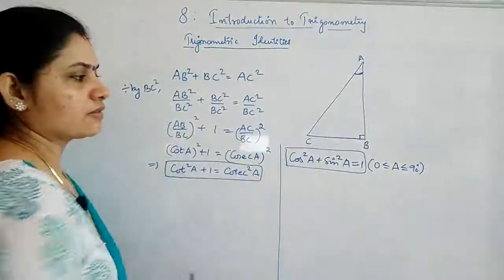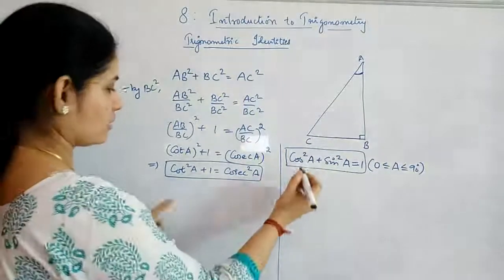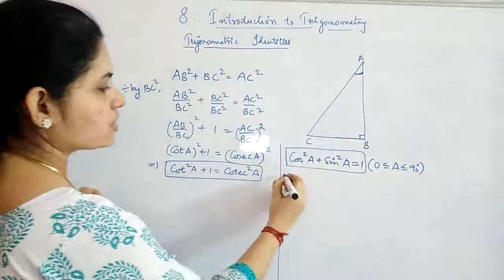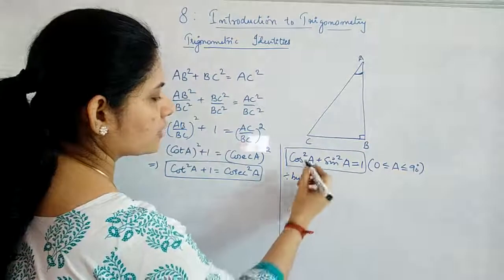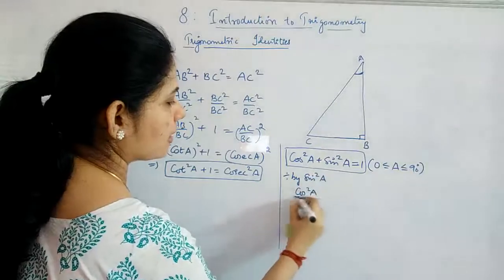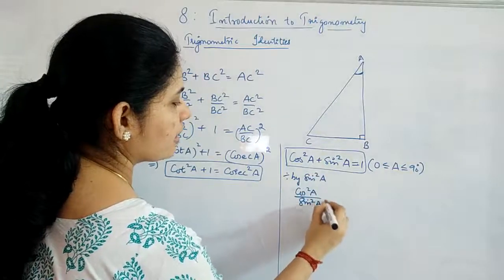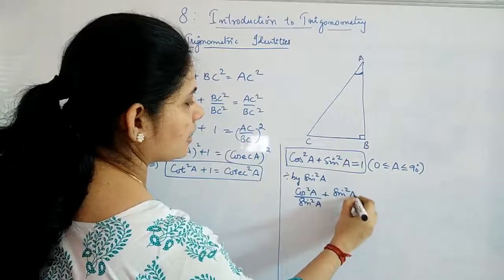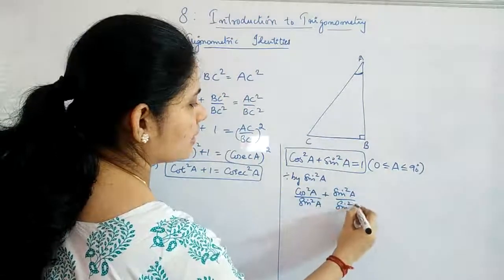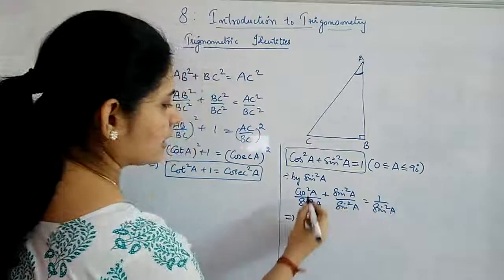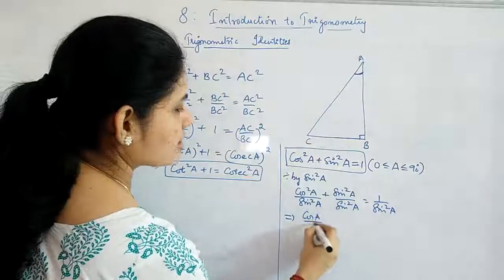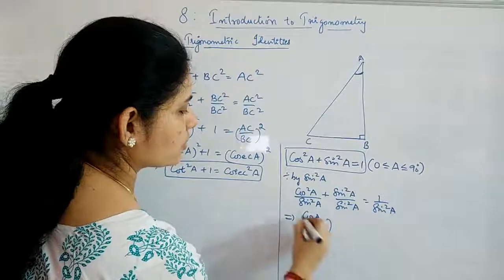Now from this identity, if you are going to find out this identity, what you need to do? Divide throughout by sine square A. So what you will get? Cos square A by sine square A plus sine square A by sine square A is equal to 1 by sine square A. Again, this is cos A by sine A the whole square.